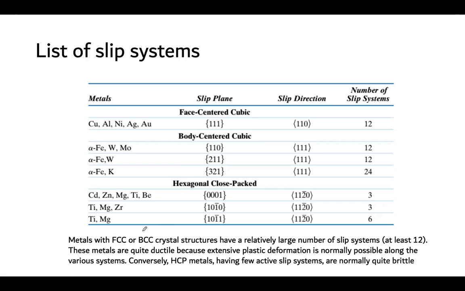Okay, so metals with BCC and FCC structures have a relatively large number of slip systems, at least 12, and these metals are quite ductile because extensive plastic deformation is normally possible along the various systems. Conversely, HCP metals having few active slip systems are normally quite brittle.